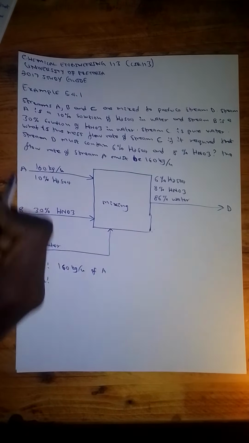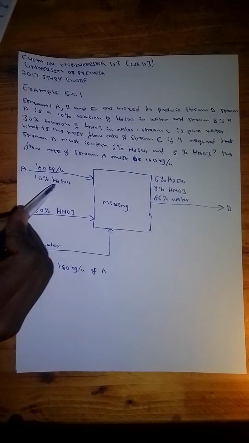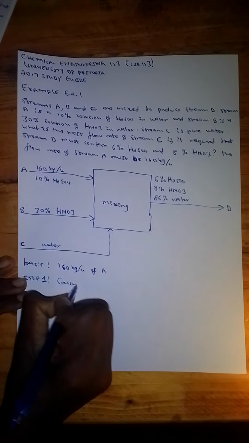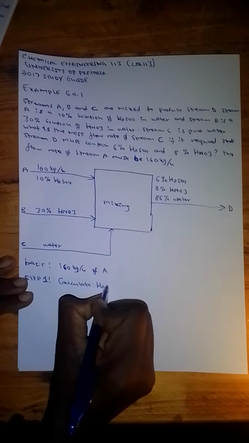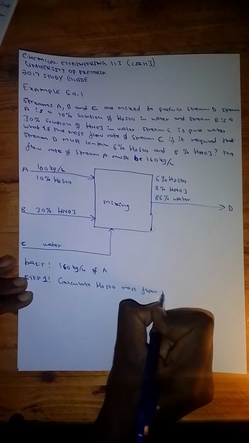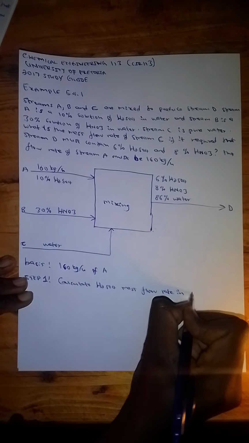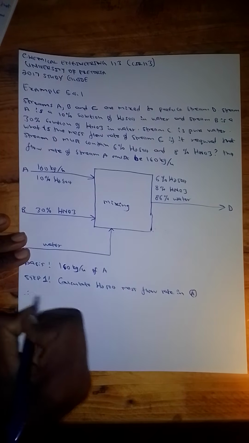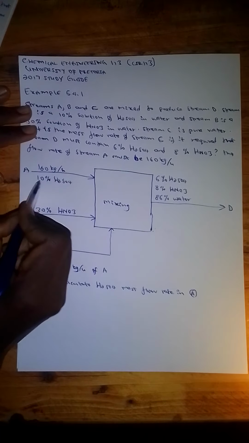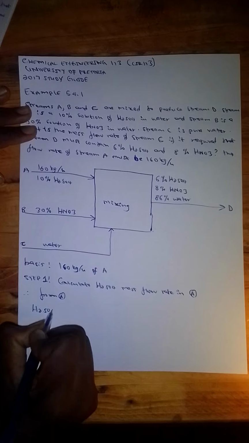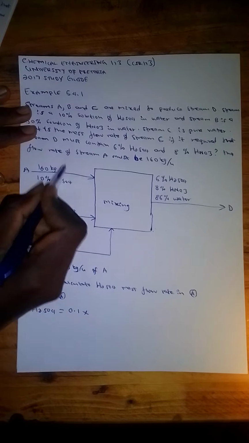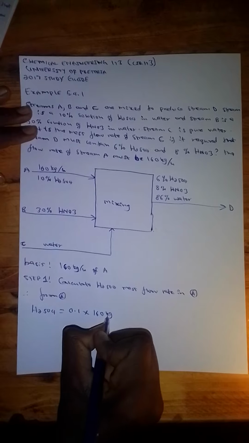Since we know that A is 160 kilograms per hour and we are told that H2SO4 is 10%, we can calculate the H2SO4 mass flow rate in A. H2SO4 is equal to 0.1, or 10% divided by 100%, multiplied by the total of A, which is 160 kilograms per hour.